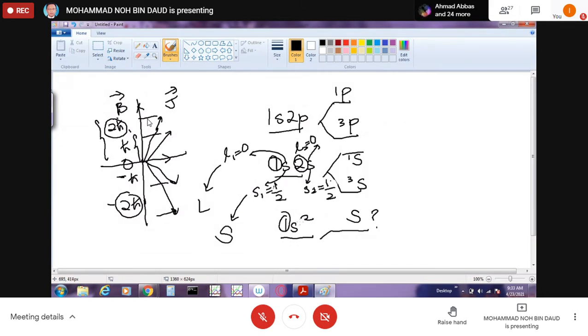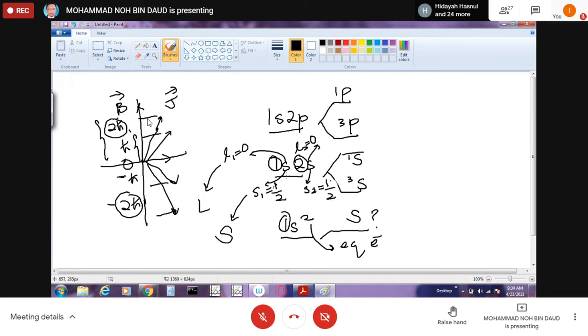We say that when 2 or more electrons occupying the same subshell have the same set of quantum numbers, these electrons are called equivalent electrons.